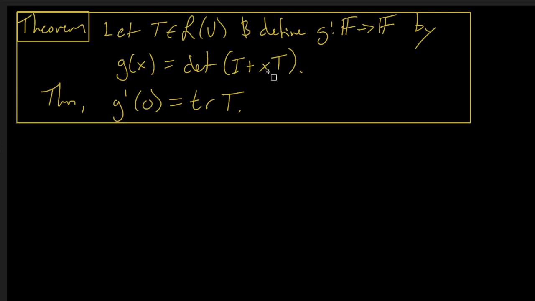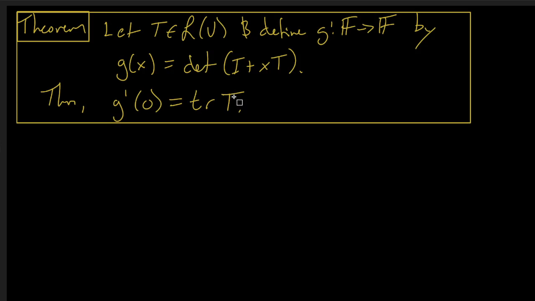So if you go in the direction of T from the identity, just moving a little bit away, then the trace is the rate of change at 0.